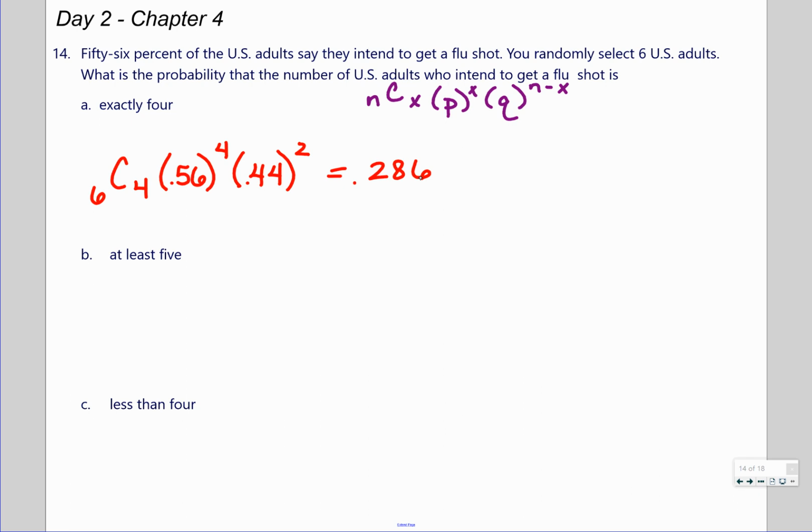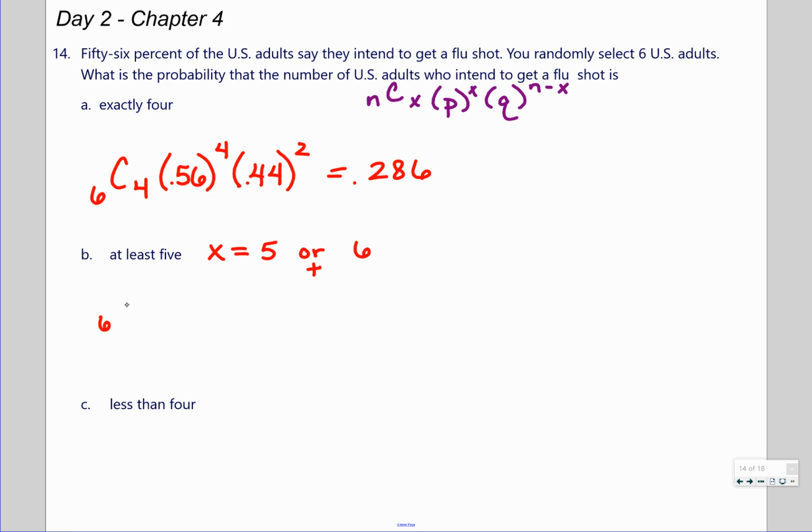Okay. All right, at least 5. So at least 5 is, what are our x values that are going to be considered? At least 5. 5 or 6. And when we say or, remember we are adding. So you're going to do the formula twice, once when x is 5, once when x is 6. Add them together.